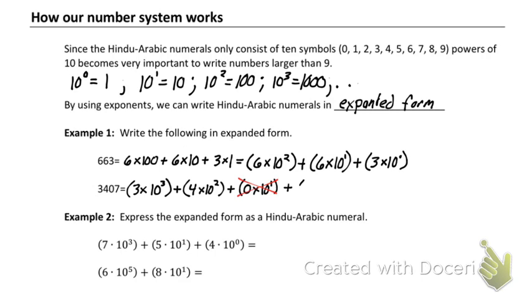And finally we have plus 7 times 10 to the 0th power. That tells me there's 3 thousands, 4 hundreds, and 7 ones. We don't have to know how many 10s we have. If we don't put it in there, it just means we have 0 of them. All right, so that's expanded form. Take a second and write these expanded forms in our traditional Hindu Arabic numerals. Go the opposite direction with those two.